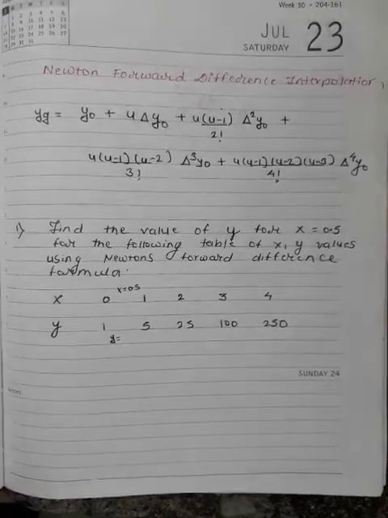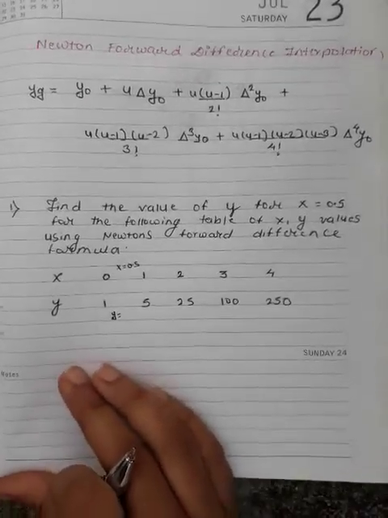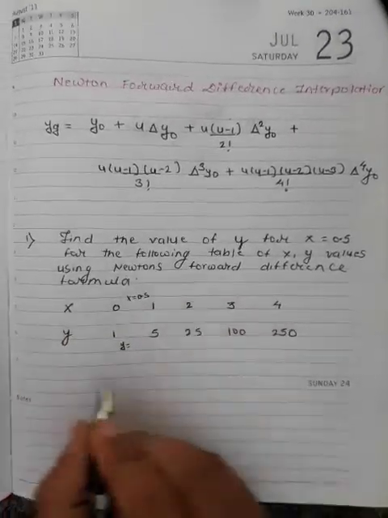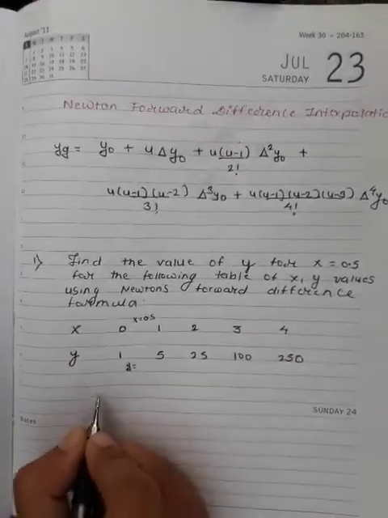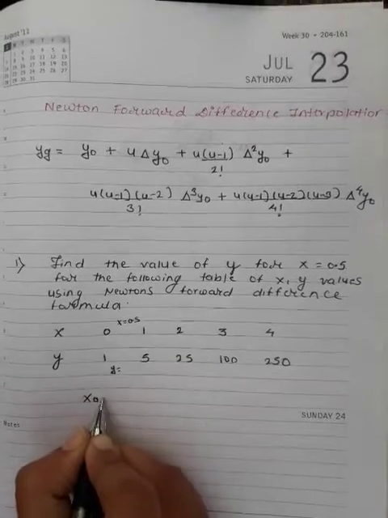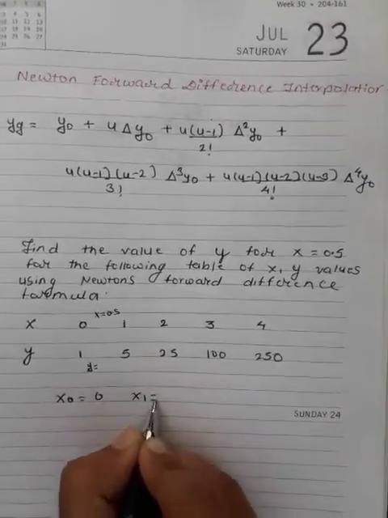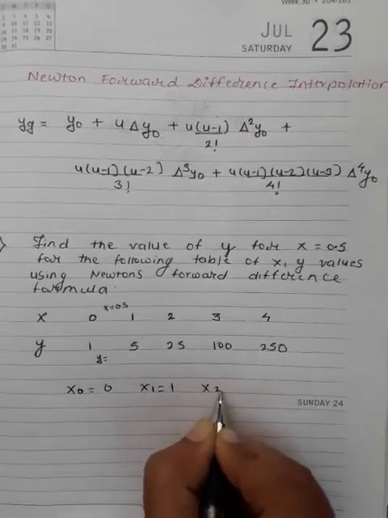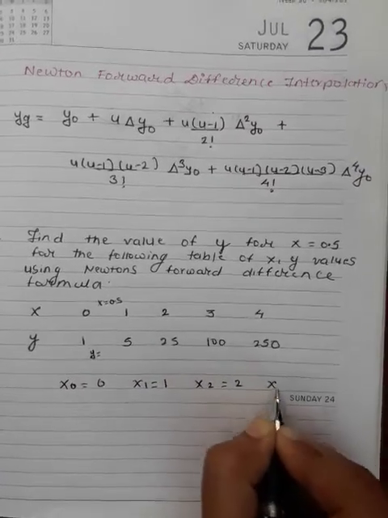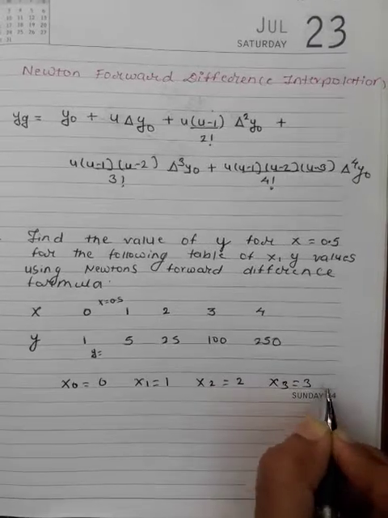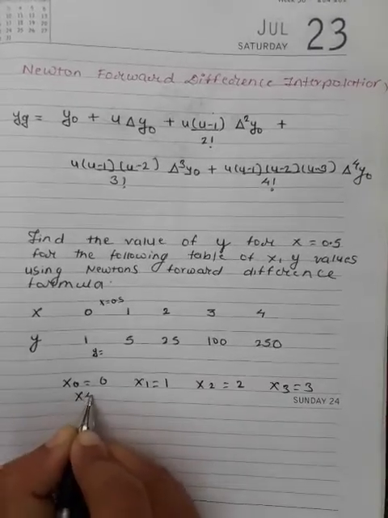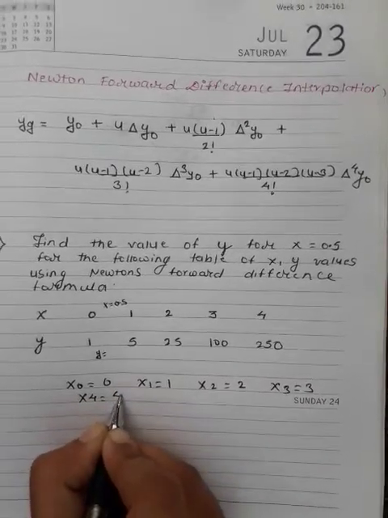First of all, we will write the given data. From the table, x0 is equal to 0, x1 is equal to 1, x2 is equal to 2, x3 is equal to 3, then x4 is equal to 4.